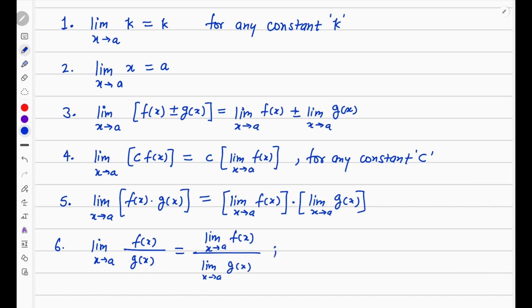One thing should be provided: the denominator must not be 0, otherwise this will not be defined. The limit of g(x) must not be 0.